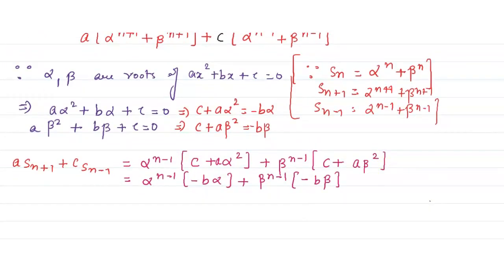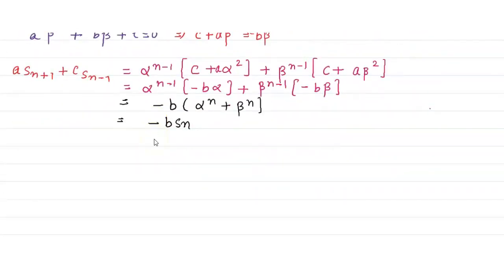Now look at it. Just do this. We get minus b times alpha^n plus beta^n, and we know alpha^n plus beta^n is equal to what? Sn. So I got this. Now you can see we just arrived at our proof.